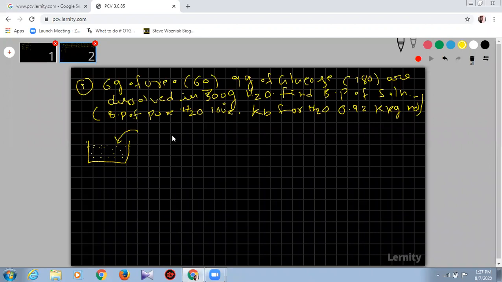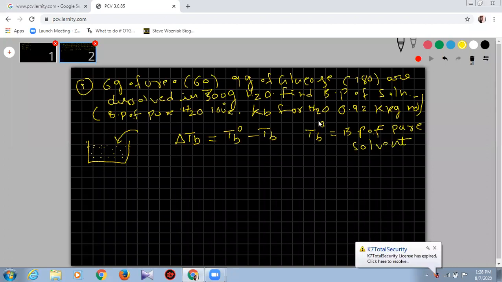Now, what is the relation for elevation in boiling point? Delta TB is equal to TB naught minus TB. TB naught is the boiling point of pure solvent.